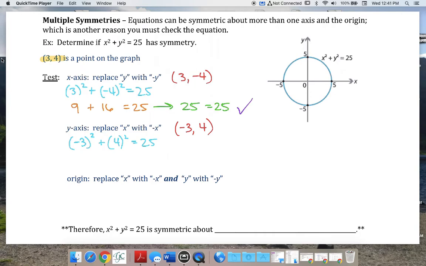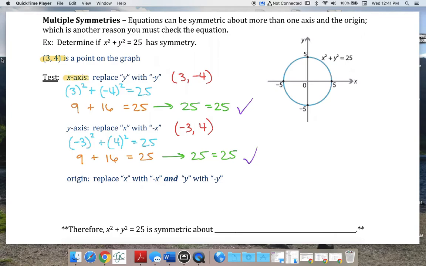So -3 squared is 9, 4 squared is 16, equals 25. And be careful here when you're squaring a negative. Remember, a negative times a negative is a positive. So then on the left side, 9 plus 16 is 25. So we're left with 25 equals 25. Again, that is a true statement, so that means this graph also has y-axis symmetry.